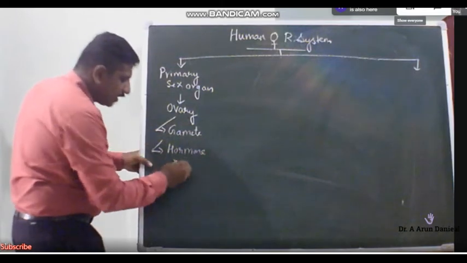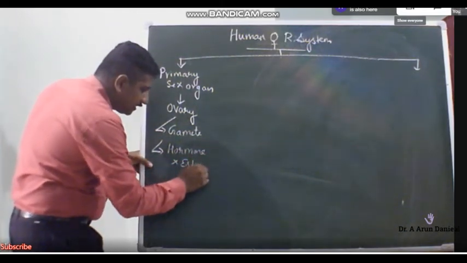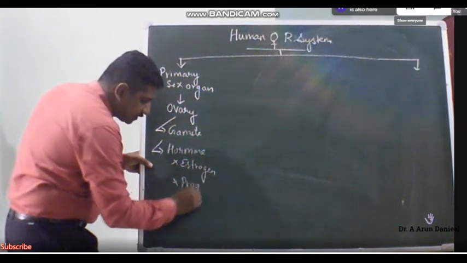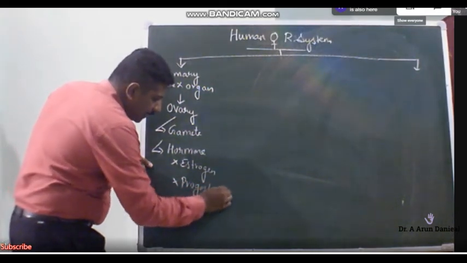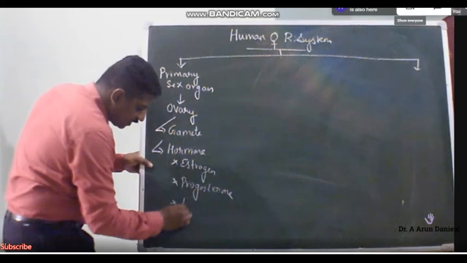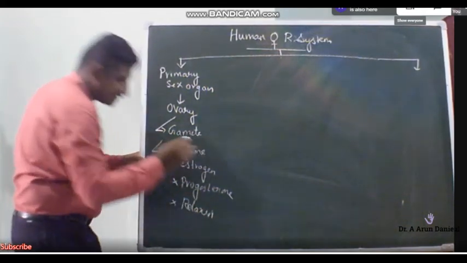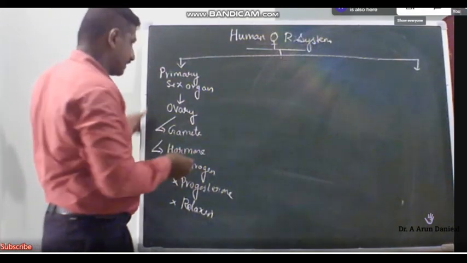The hormones are estrogen from the follicular cells, progesterone from the corpus luteum, and the third important one is relaxin from the ovary itself, which is secreted during the later period of pregnancy.